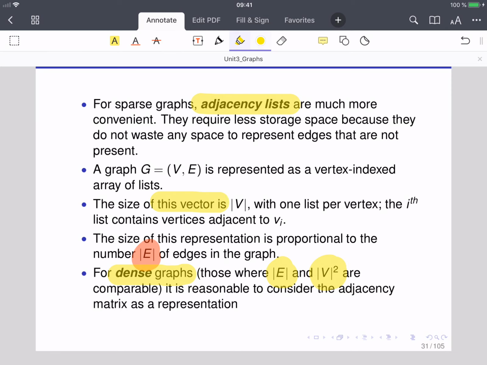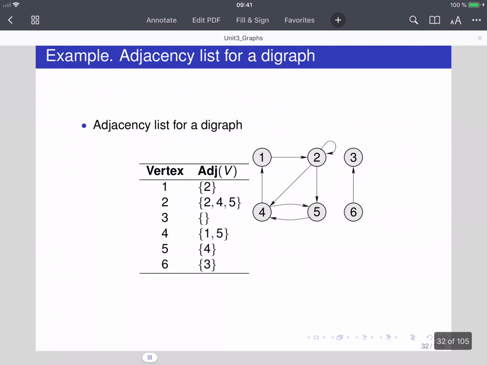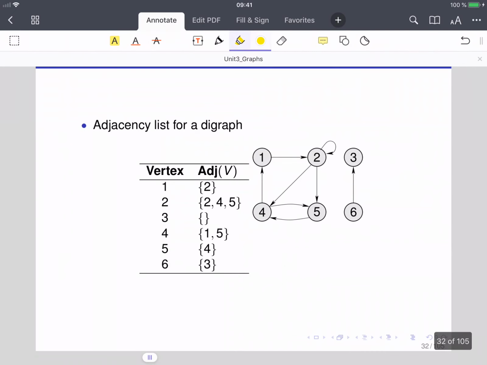Okay, so the size of the vector is the number of vertices, because it has a list for each vertex in the graph, and the list in position I contains the vertices that are adjacent to I. Okay, so in this example we have 6 vertices, so we are going to have 6 lists, these 6 lists here, so this is going to be a vector of lists, and in position 1 we are going to store the vertices that are adjacent to 1.